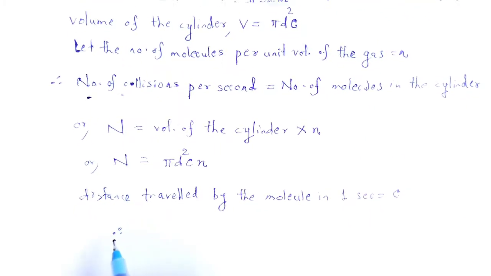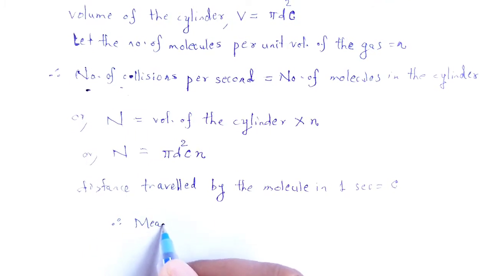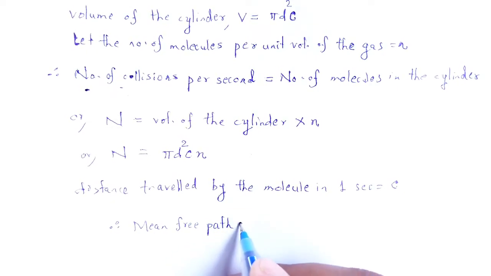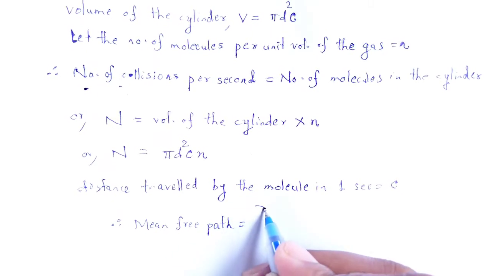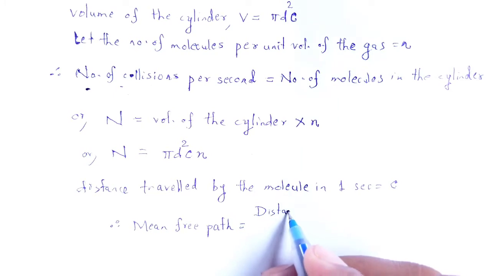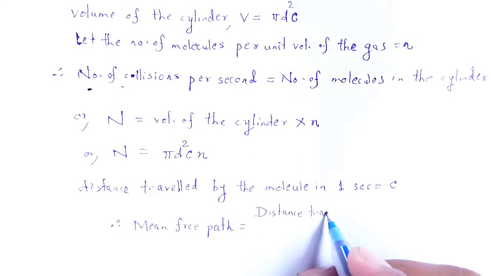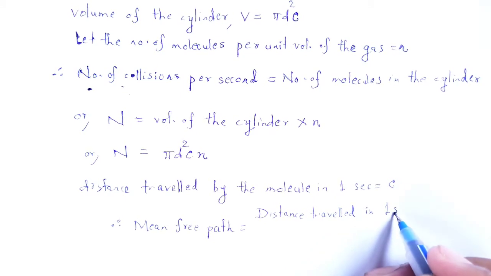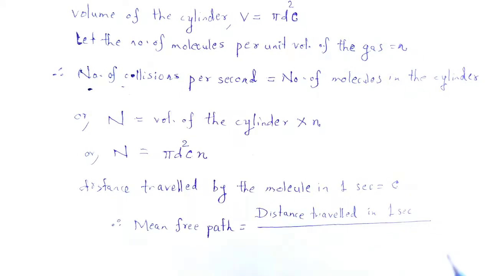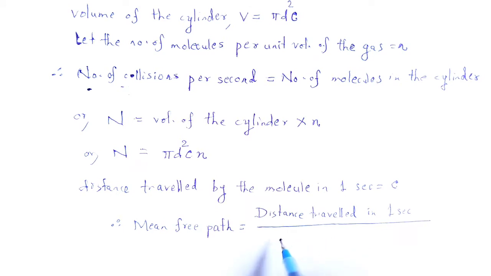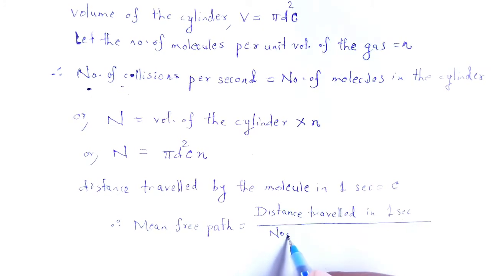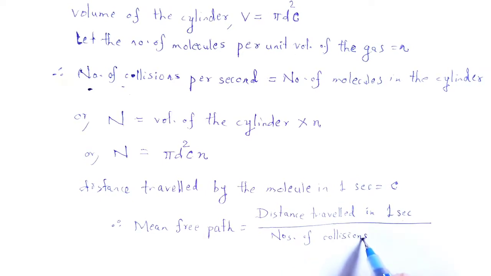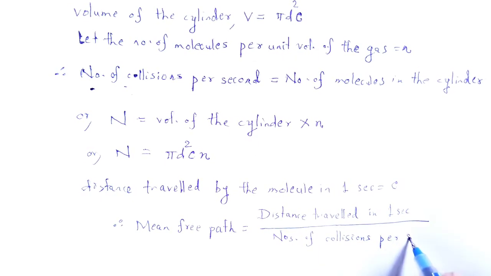Therefore, mean free path is equal to the distance travelled in 1 second divided by the number of collisions per second.